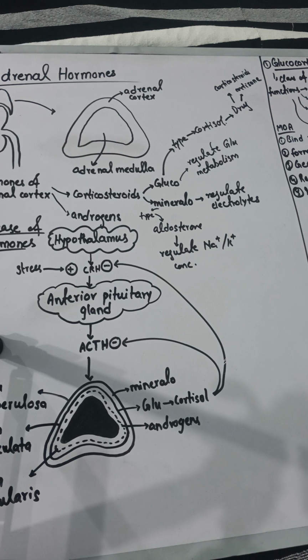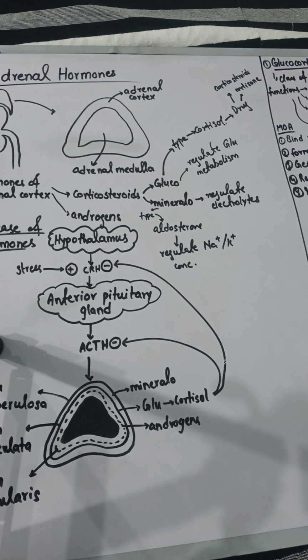Corticosteroids and cortisone are the two synthetic drugs which mimic the action of cortisol. We have discussed corticosteroids because they are included in our syllabus. Androgen is not included in the syllabus, so we are not discussing it here.